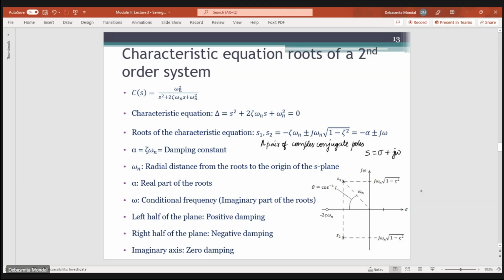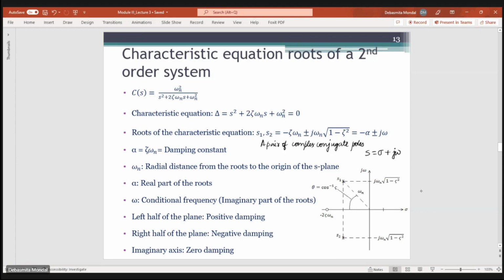So one root will be at S1 at this position, and the other root will be at a position like this. If you draw a line connecting this pole S1 to the origin, the angle this line makes with the real axis is given by theta, and theta is nothing but cos inverse of zeta.